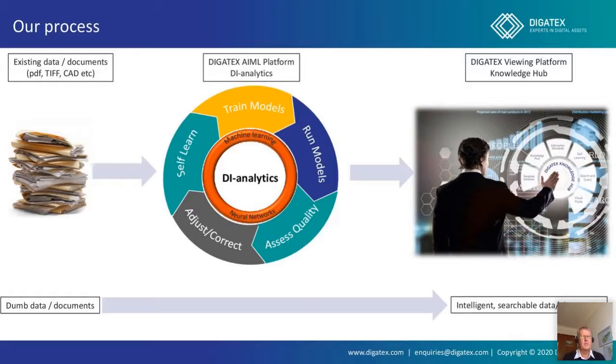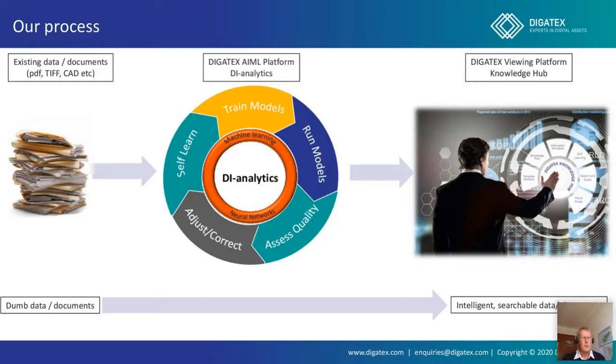And we process them through our DI Analytics artificial intelligence and machine learning platform. That uses deep neural networks to analyze that data, identify what we're looking for, and extract the data. That gets put into a database, which you can view through our Knowledge Hub, shown on the right-hand side of the slide. And the data can either be used by the client in the Knowledge Hub or be exported into your own systems that you may be using in your organization.